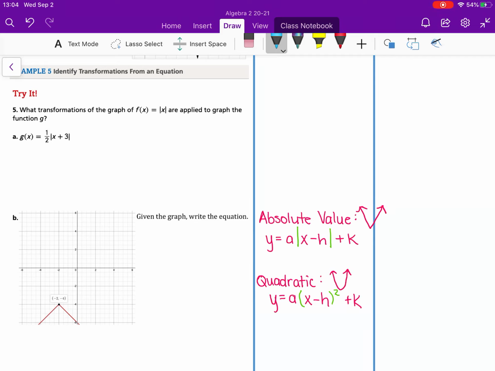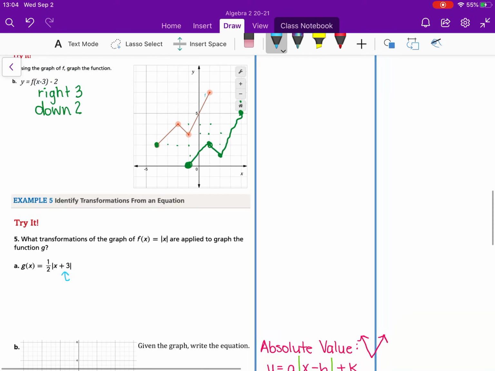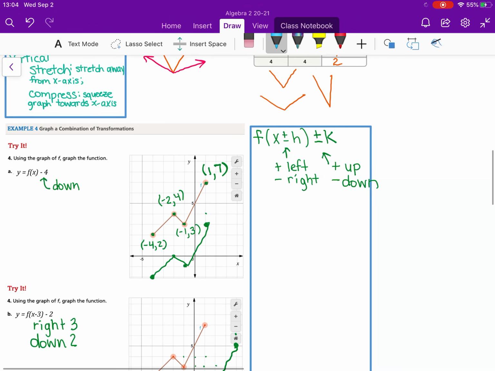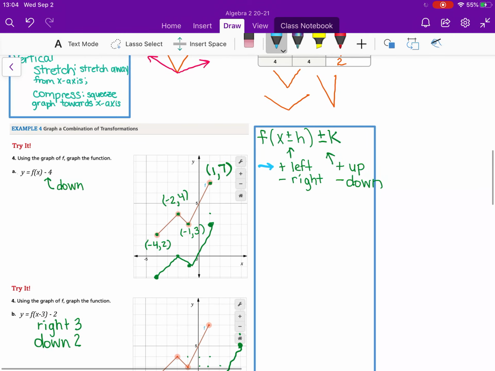Number 5 says, what transformations of the graph f of x equals absolute value of x are applied to the graph to graph the function g? So what things did I need to do in order to graph the function g? If you remember, up in our last example, a plus sign on the inside meant to go left.